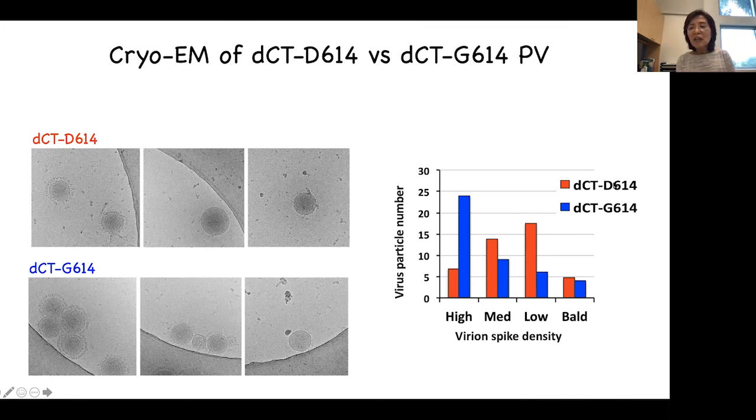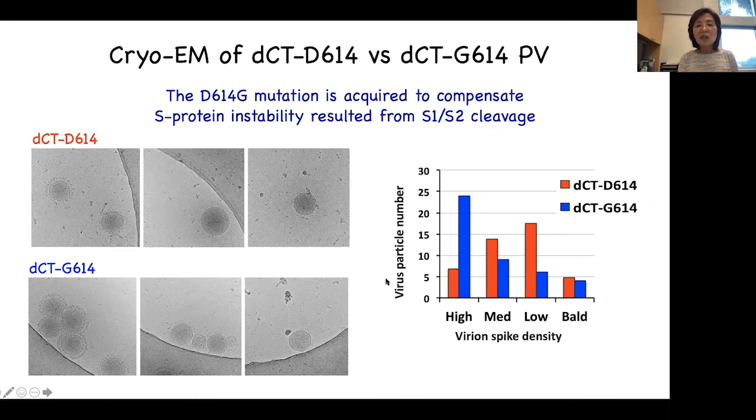And as you see, the original Wuhan D614 tended to have a low spike density in red, and the G614 mutation tended to have a high spike density on the virion. So this shows that, yes, we are right, S1 shedding is reduced and spike density in the virion is increased by this mutation.